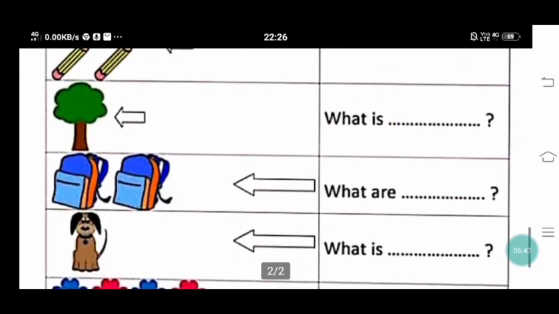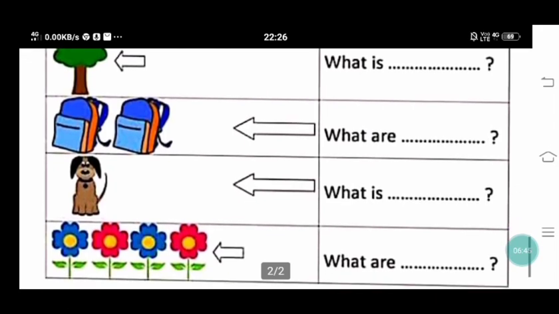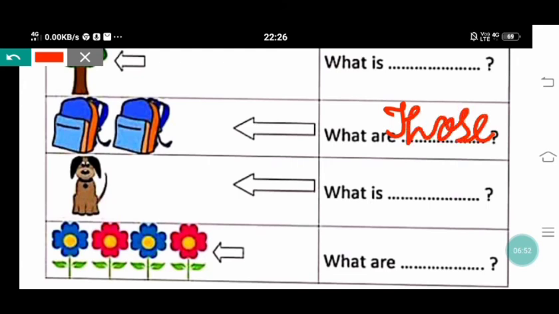Next, what are those? What is that? Why? Because arrow is long and here is only one dog. So what is that? Now, what we have to write down? Guess? Yes. What are these?